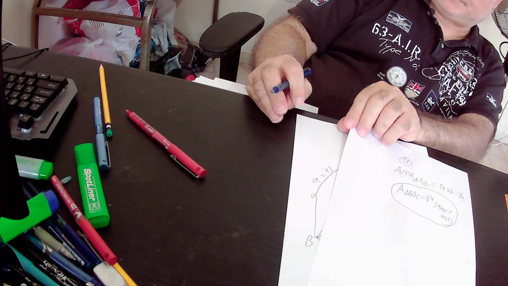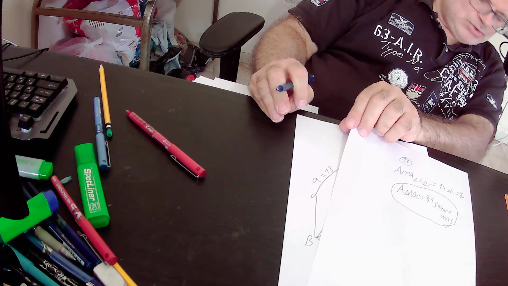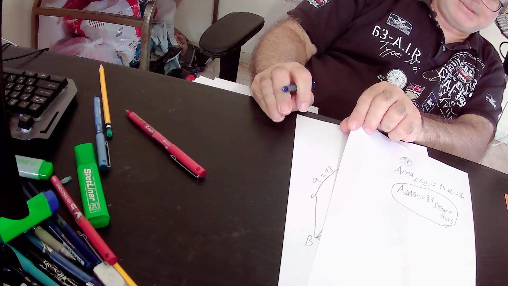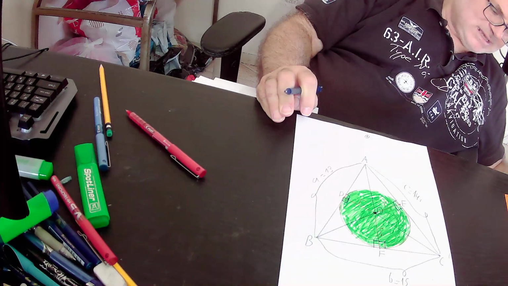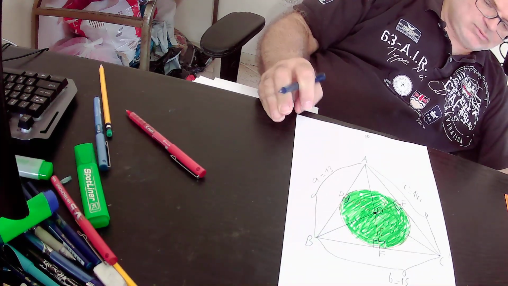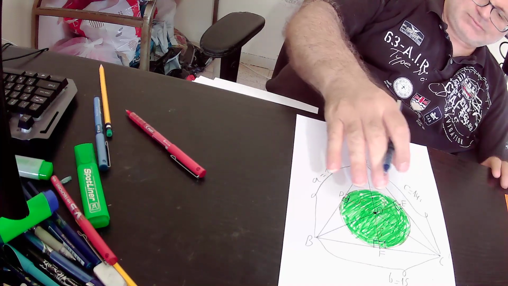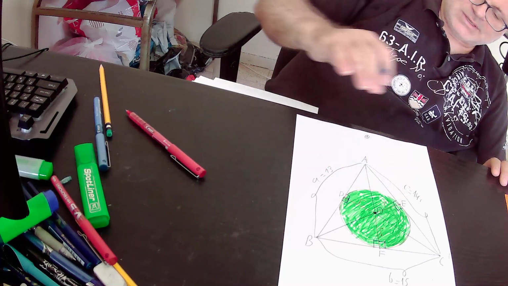Okay, so in the next step I will present you a second way to find the radius of the green circle and then the area of the green circle.